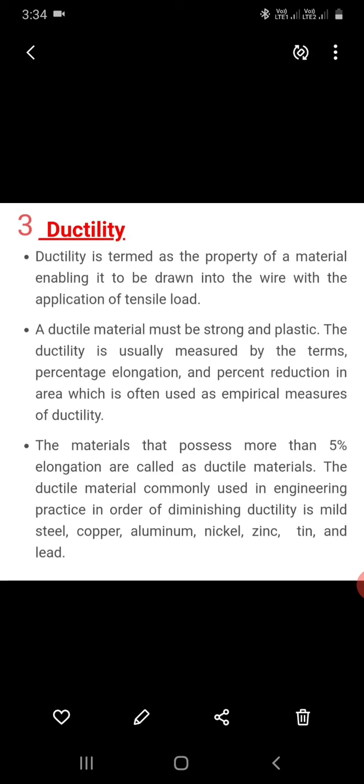A material that possesses more than 5% elongation is called a ductile material. Ductile materials commonly used in engineering are mild steel, copper, aluminum, zinc, tin, etc.